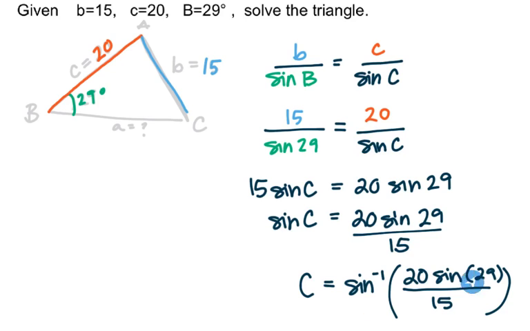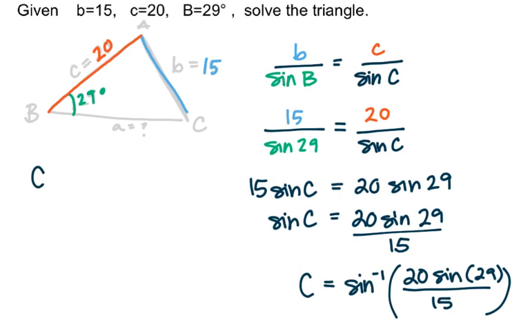Now, this may be kind of complex for you to plug into your calculator. One thing I want to remind you, since we're dealing with angles measured in degrees, your calculator needs to be in degree mode. And I would encourage you to pause real quick and make sure you can type this in using your parentheses properly. So sine inverse, we have to use parentheses to open it up, and then 20 times the sine of 29, all divided by 15, close your sine inverse parentheses.